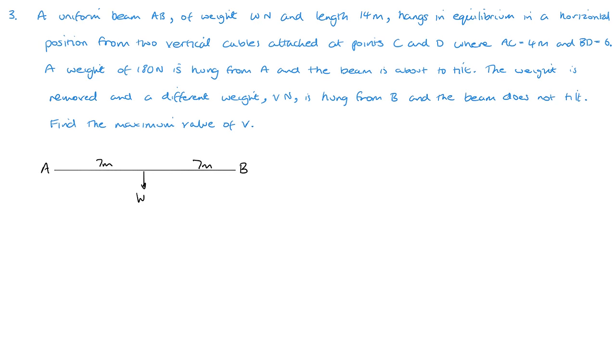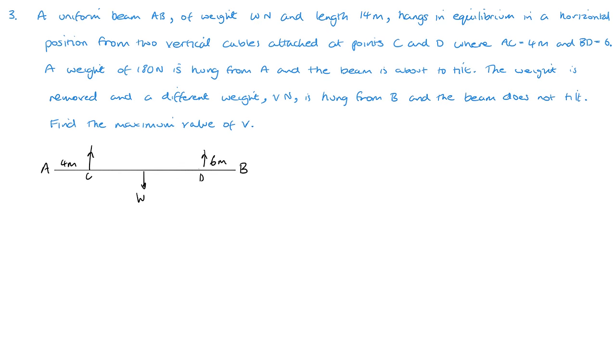Okay, it hangs in equilibrium in a horizontal position from 2 vertical cables attached at points C and D. So let me get rid of the 7s for now. So 2 vertical cables attached at C and D, where AC is 4 meters and BD is 6 meters.